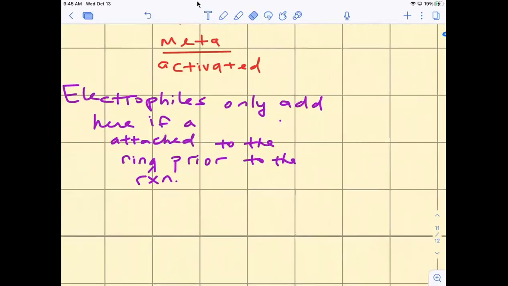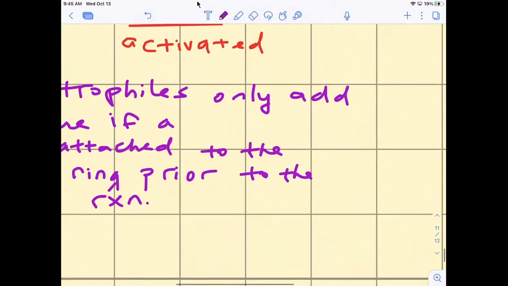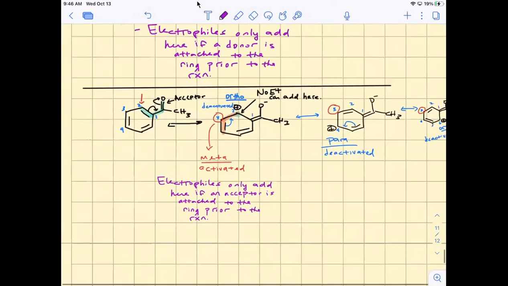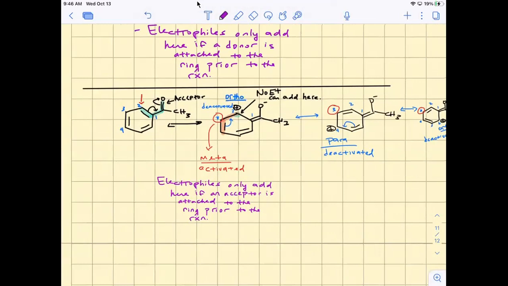The difference is that it has to be an acceptor that's attached to the ring. So for rings that have acceptors attached that can pull electrons out of the ring, those rings get substituted at the meta position, at the 3 position. And you always start counting from the carbon where your substituent is, right?